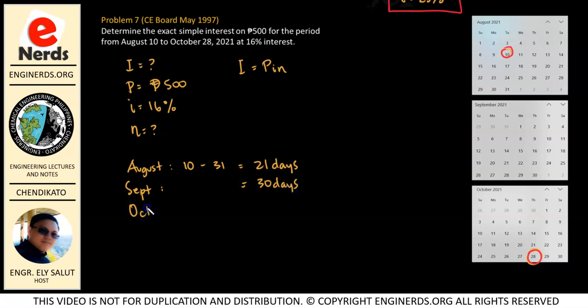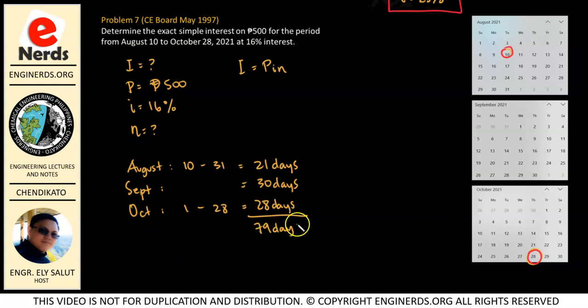And for October, we have from October 1 to 28. So we have 28 days, and that includes yung last day, which is 28, no? So how many days do we have? 21 plus 30 will be 51. Plus 28 will be 79.